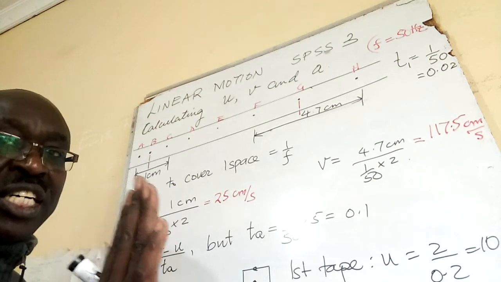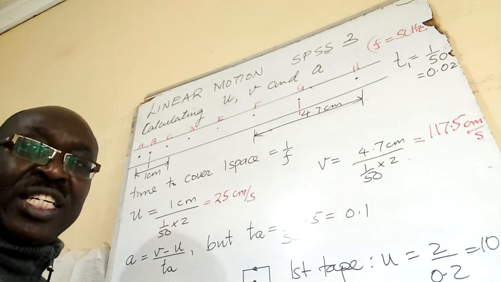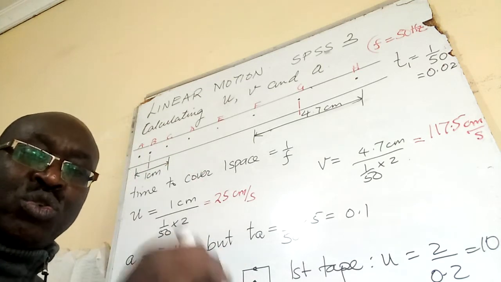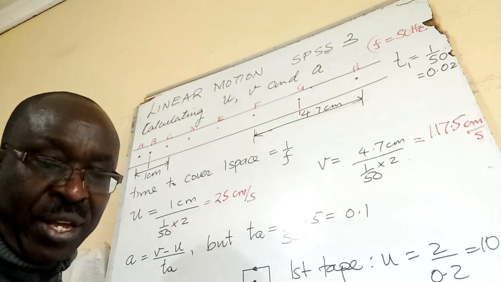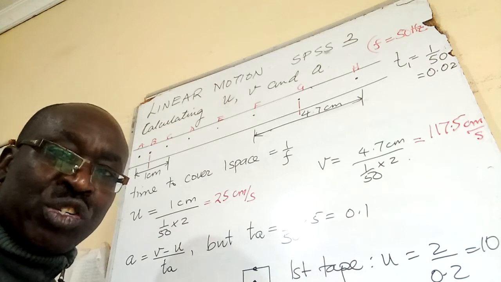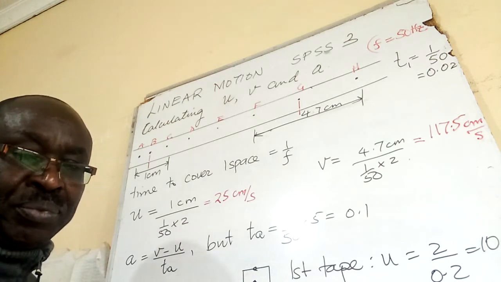Now I want you to get it right. Time change starts at the center of U to the center of V. The center of initial speed to the center of the final speed.